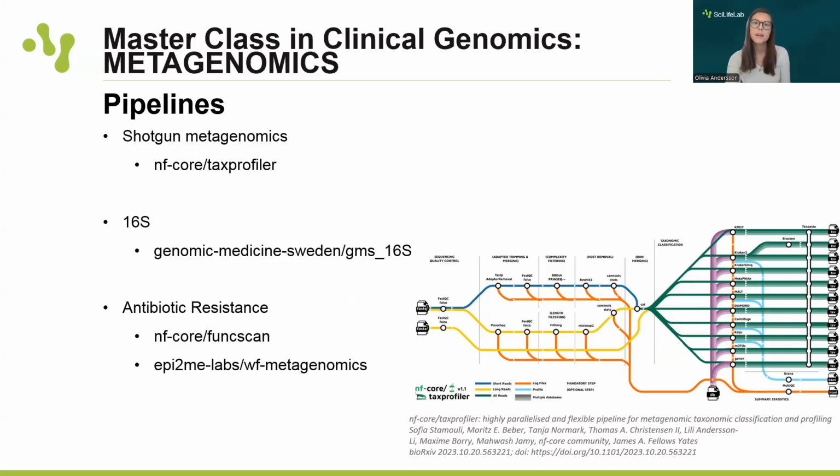In contrast, 16S workflows, which focus on targeted regions of microbial genomes, benefit from pipelines like GMS16S. And when identifying antibiotic resistance genes, specialized pipelines such as nf-core funcscan and Epi2Me Labs VF metagenomics can be used. And these pipelines are specifically suited for functional profiling.